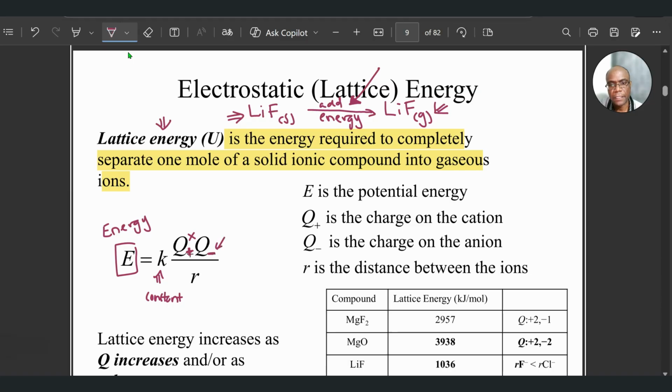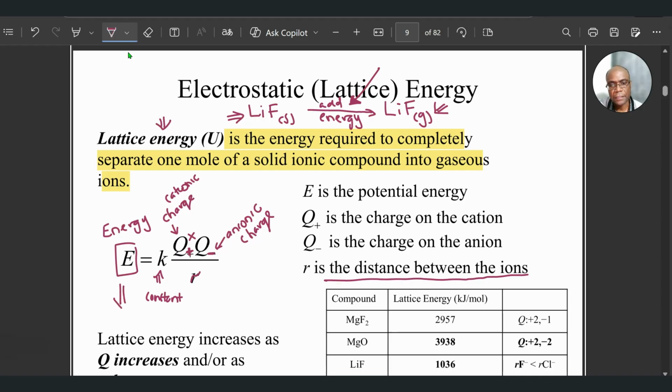We know that the anions are negatively charged. So Q plus is the cationic charge, and Q minus is going to be the anionic charge, and then R is the distance separating the two ions.